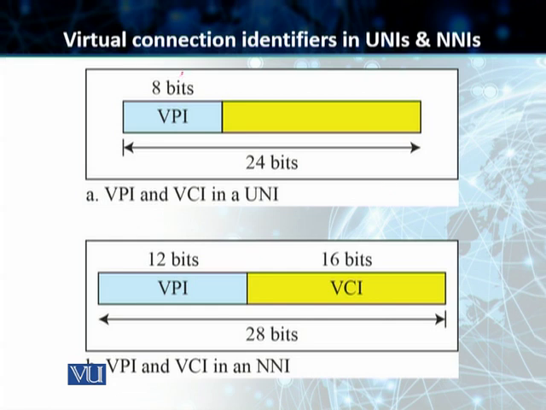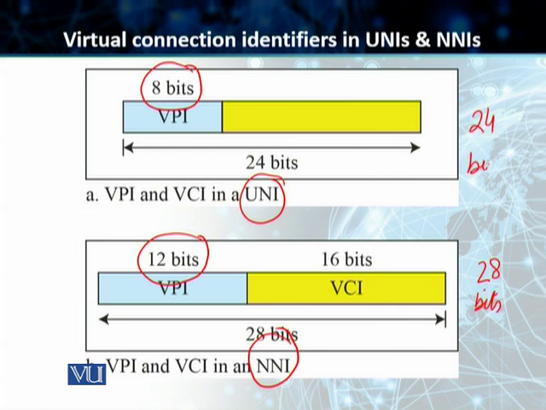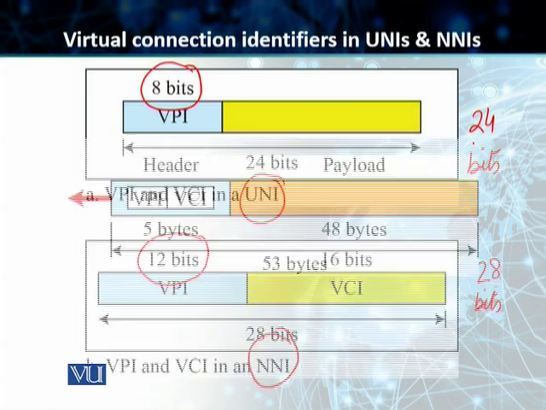The difference, though, is that in a UNI, our VPI is 8 bits long, and in our NNI, or network to network interface, our VPI is 12 bits long. So the total length in the NNI is actually 28 bits. And in the case of UNI, you have got a total of 24 bits.